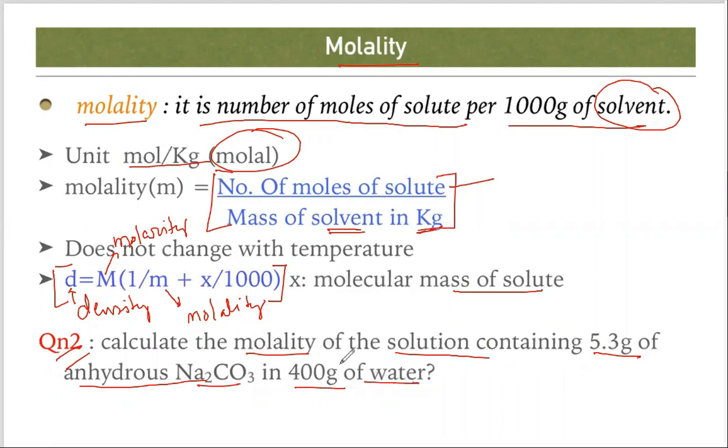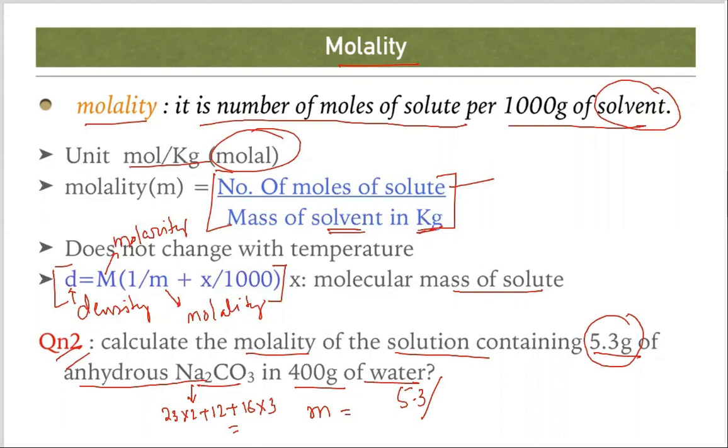So what are the moles of solute? As we already know, molality is equal to number of moles of solute divided by mass of solvent in kg. How can you calculate the number of moles of solute? That is given mass 5.3 divided by the molecular mass of Na2CO3. How can you calculate the molecular mass of Na2CO3? Sodium is 23 into 2 plus carbon is 12 plus oxygen is 16 into 3.